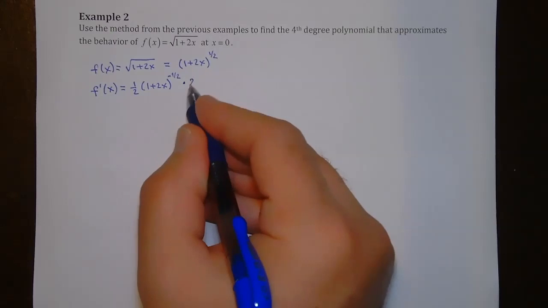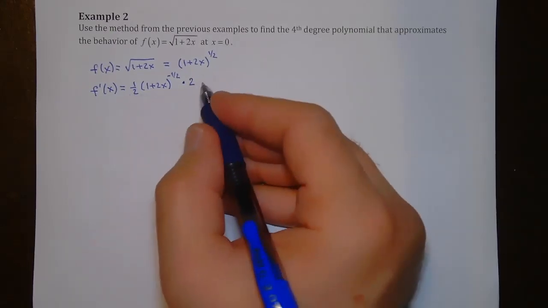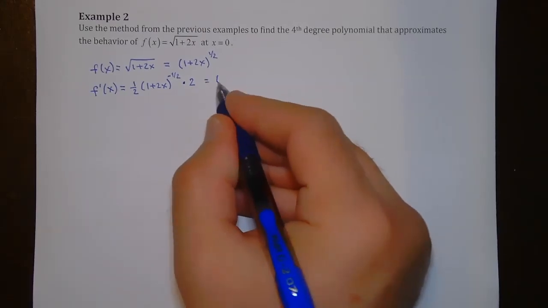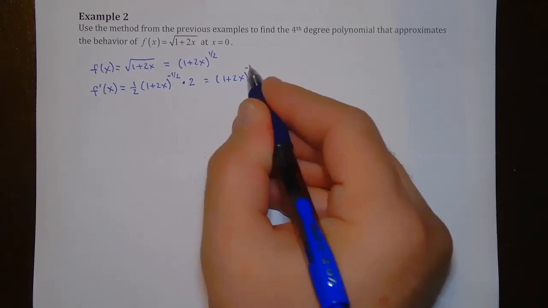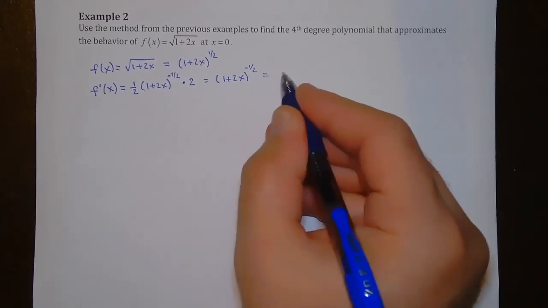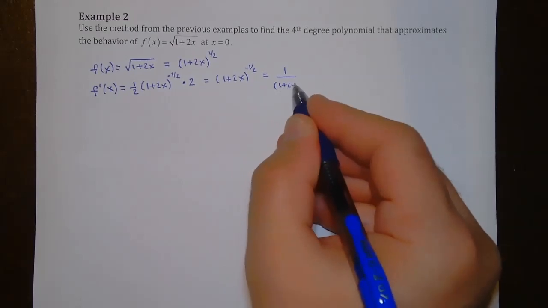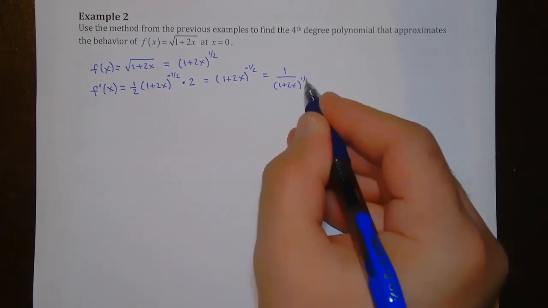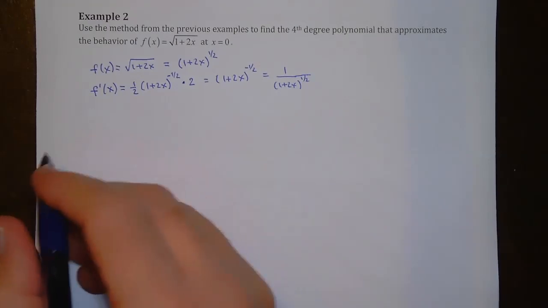So now we have 1/2 times 2, which will be 1. So this becomes just simply 1 plus 2x raised to the -1/2. So that's really 1 over 1 plus 2x raised to the 1/2 power.